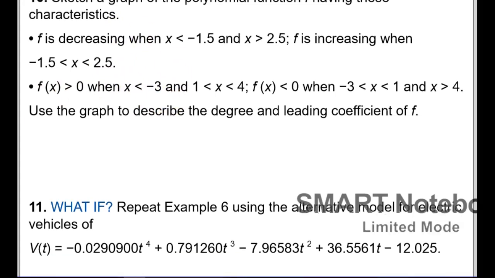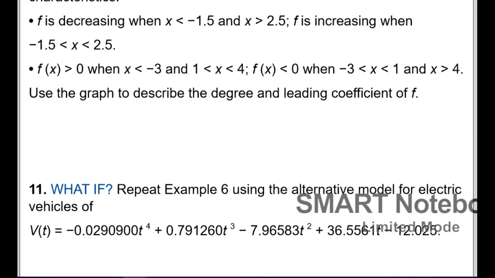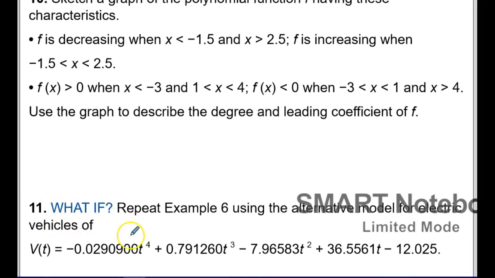And then our last little piece to think about is if we have a different model, which we can see now, instead of the model we just talked about in that last example, what would it look like? Would I still want to use that model? What's my average rate of change like?